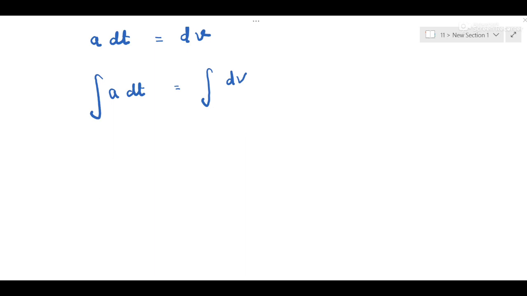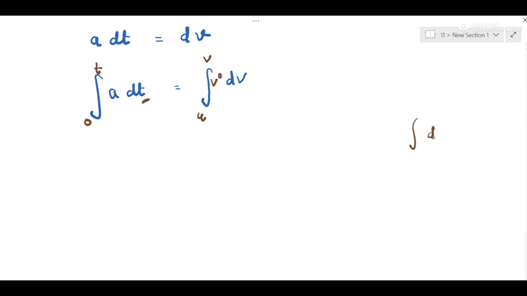Limits of time will be put here, which is 0 to t, and here limits of velocity will be put, which is u to v. This term is integrated with respect to velocity, and here there is no term of velocity, so we'll write v to the power 0.